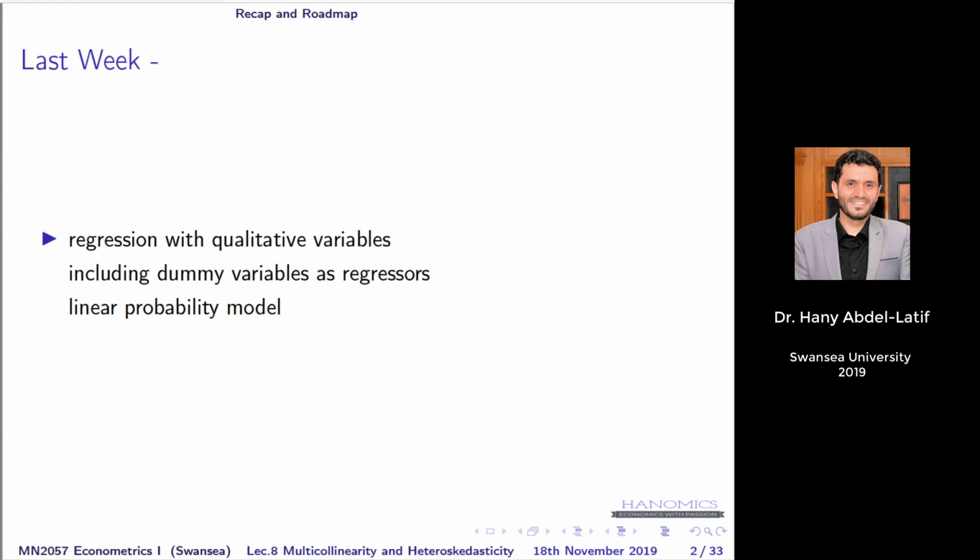It is called a linear probability model because the way we interpret the estimated coefficients is as probabilities. It is the probability of success, or the probability that whatever you model will happen, that it takes the value of 1.